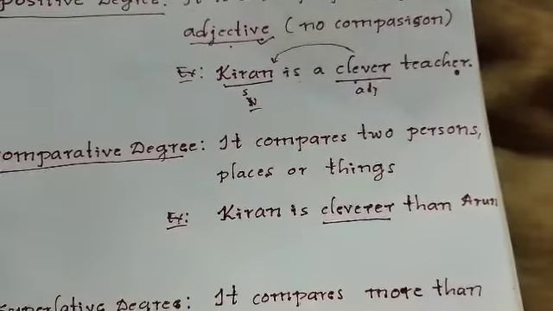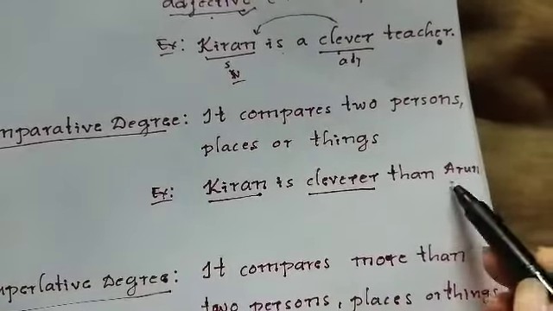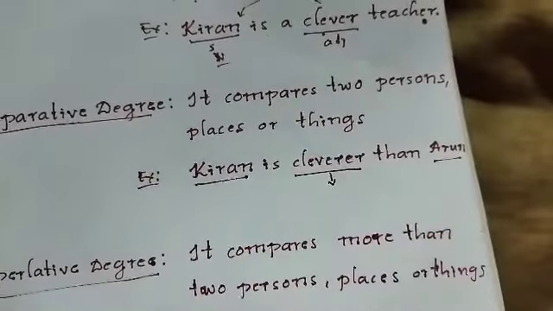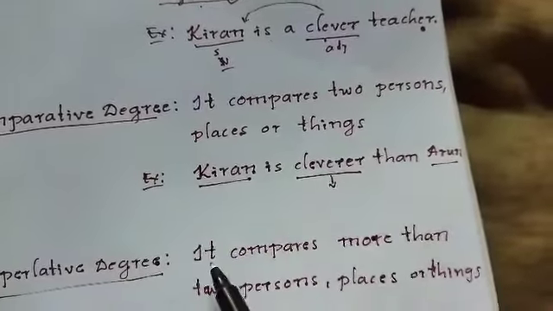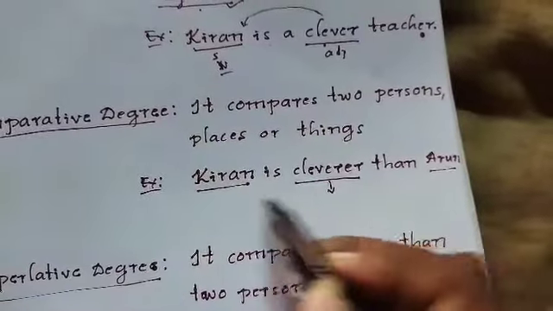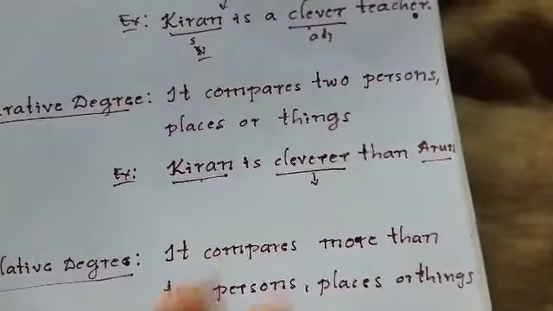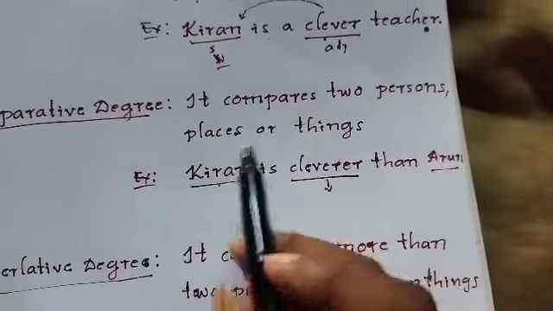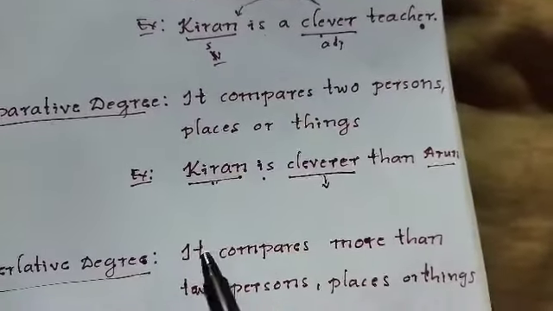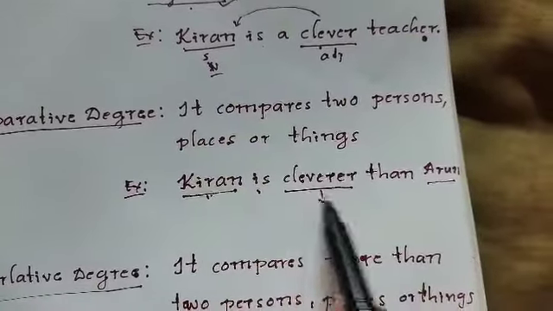By using adjectives, we compare two persons here, Kiran and Arun, by using their cleverness. Who is clever between the two persons? Actually, Kiran is the clever person. So how can we say it? Kiran is cleverer than Arun.